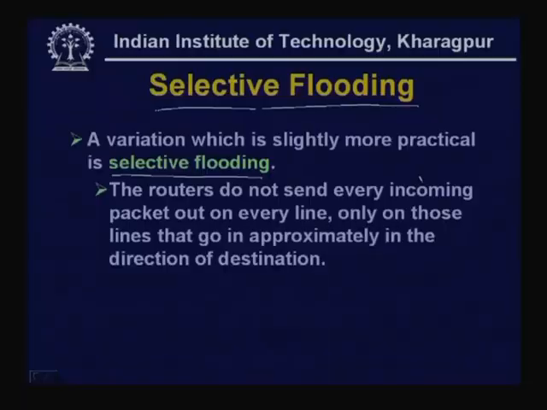So, that weightage can be used to decide whether it is going towards the destination or in the opposite direction of the destination. Later on, in the next lecture, we shall discuss it in more detail. So, this selective flooding also restricts the number of packets in the network.